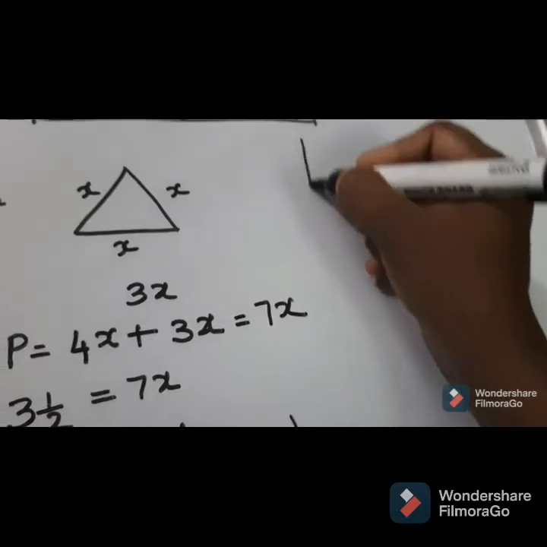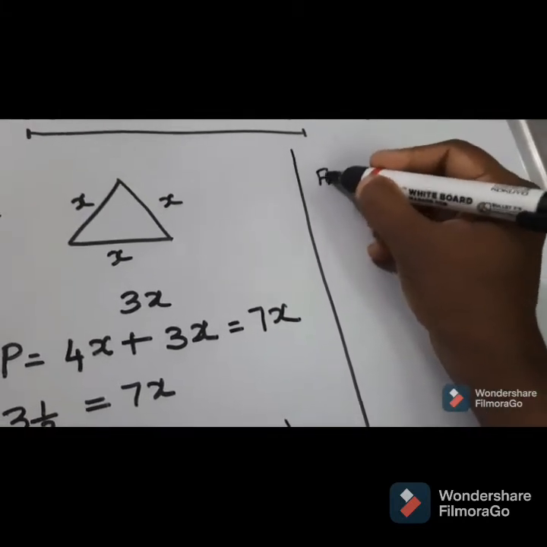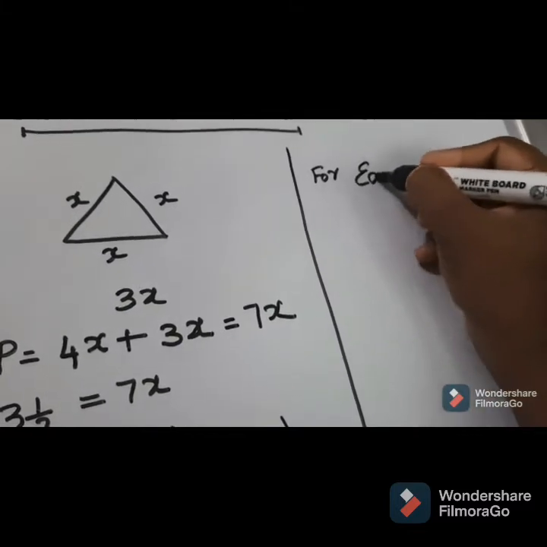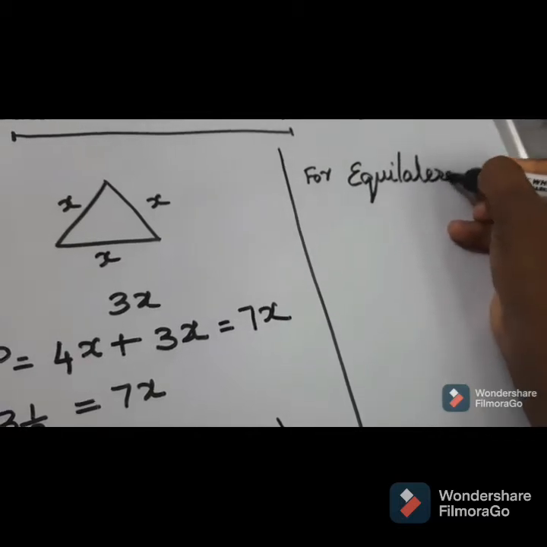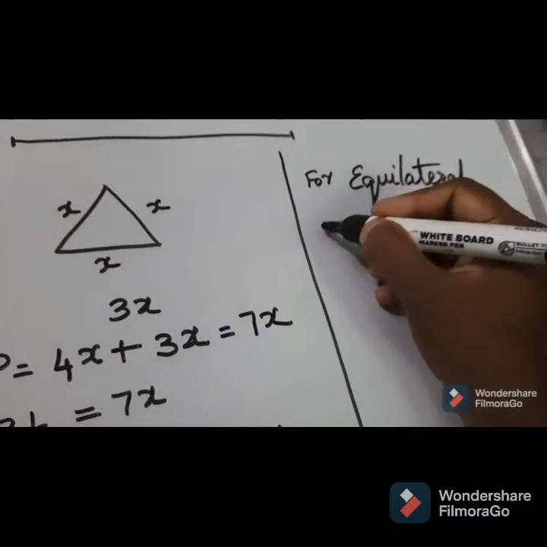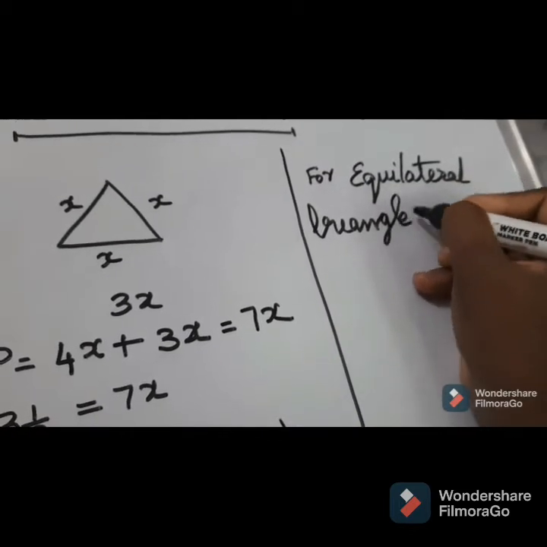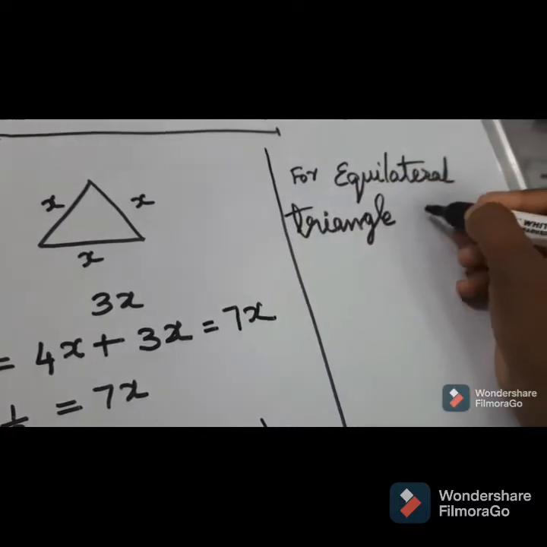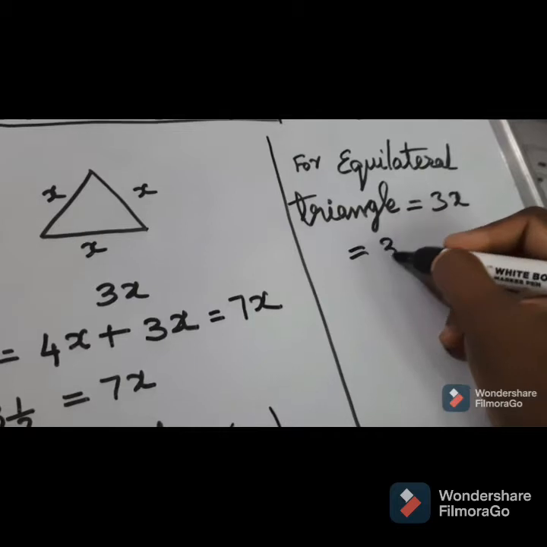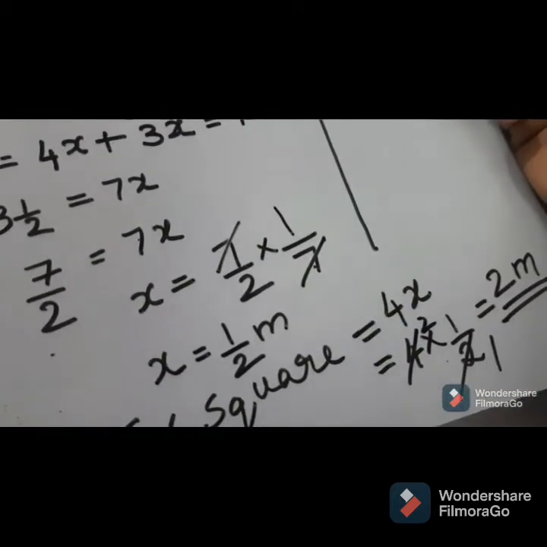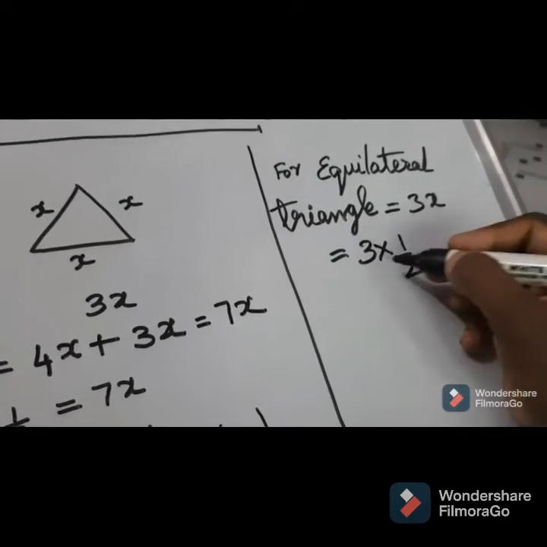Now we can write for the equilateral triangle. Equilateral triangle, how much? Three into x. That is equal to 3 into, what is x? We get x is half. So 3 into 1 by 2.